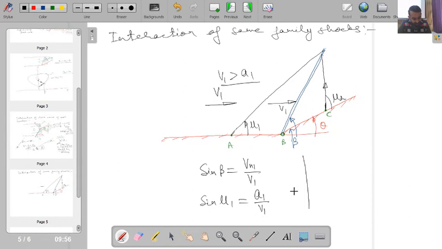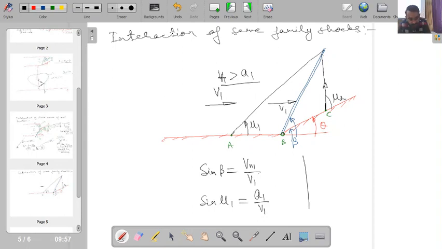It means that the normal component of velocity Vn1 has to be greater than a1, and only then will my shock wave form. Because when we do analysis across the shock wave, it is the normal component which is responsible. The tangential component always remains preserved across a shock wave.